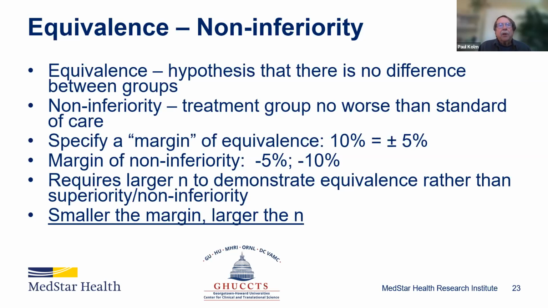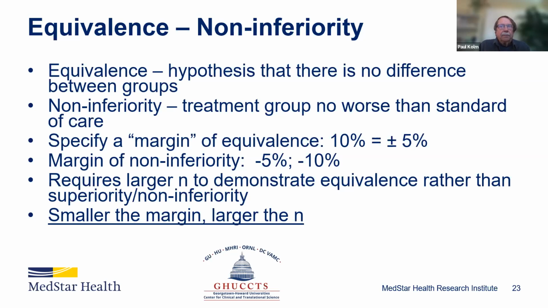A margin of inferiority is always on the negative side. In other words, what you want to show is that the treatment or your intervention group is no worse, but you've got to specify what worse means, or how big of a difference are you willing to tolerate, and then say that it's no worse than the standard of care.